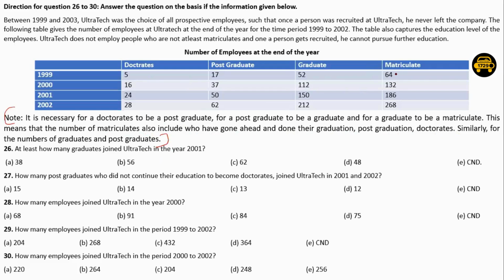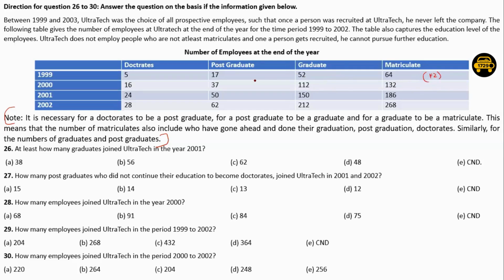It means if we have 64 matriculates at the end of year 1999, this is basically the total number of employees in the organization at the end of 1999. Now, out of these 64 matriculates, 52 people were graduates as well, right? So the number of only matriculates will be 64 minus 52, that is 12. There will be 12 people who will be just matriculates.